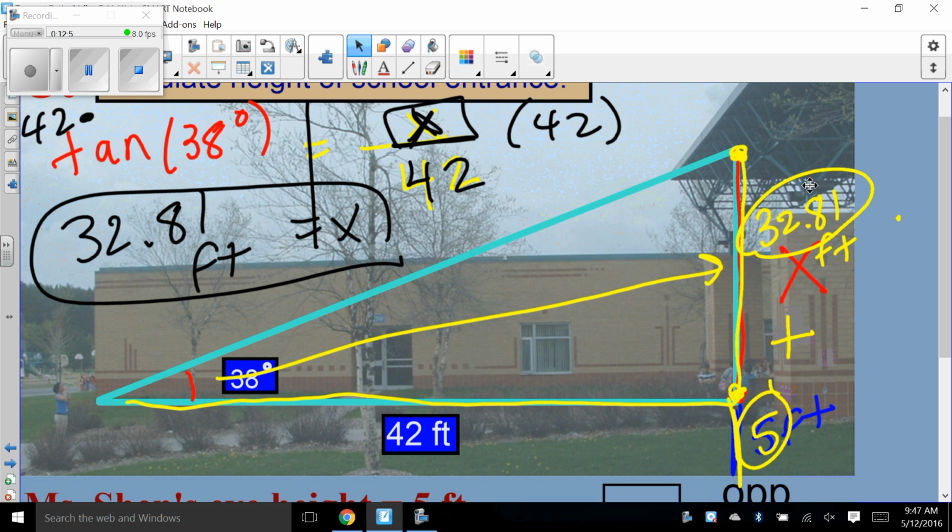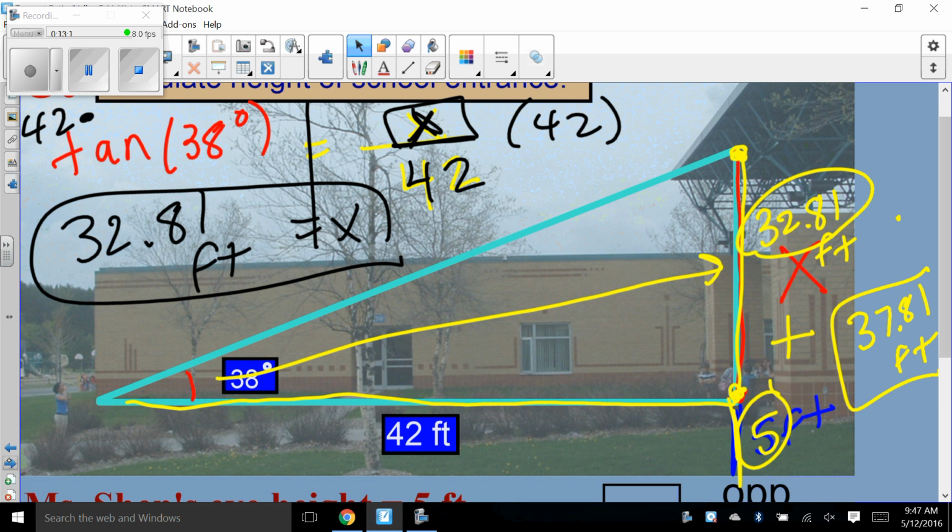So the total height of our school entrance out front is 32.81 plus 5, which is 37.81 feet tall. That would be dangerous to climb, so we figured that all out just using good math. You do need the angle of elevation, and you need to know how far you are from it.